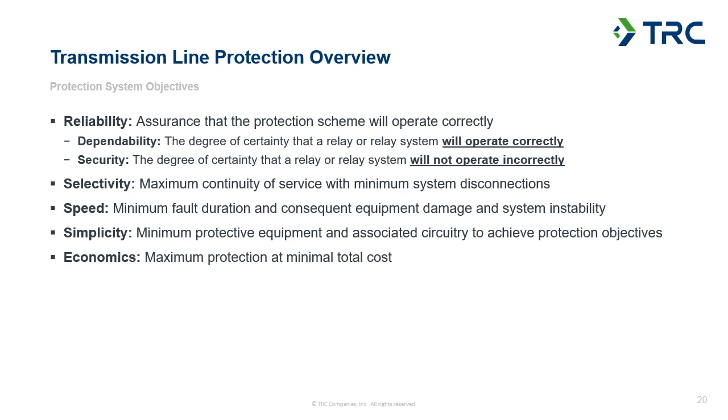Another one that comes into play a lot on the transmission line protection is the speed. Ideally, you're going to operate to clear a fault as fast as you can. But the faster you operate to clear a fault, the more you're going to start impacting your security of that.